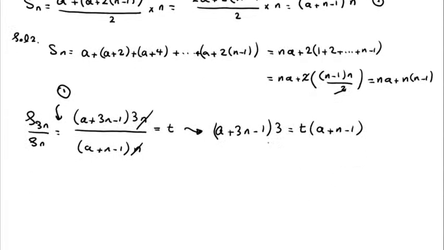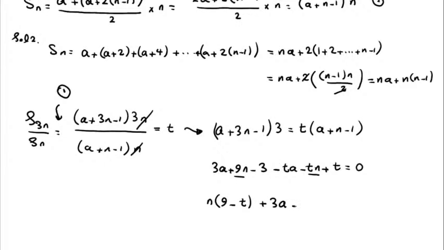So if you take all things to the left hand side, then 3a plus 9n minus 3 minus ta minus tn plus t equals 0. So the term that has n will be n times 9 minus t, plus 3a minus 3 minus ta plus t equals 0.